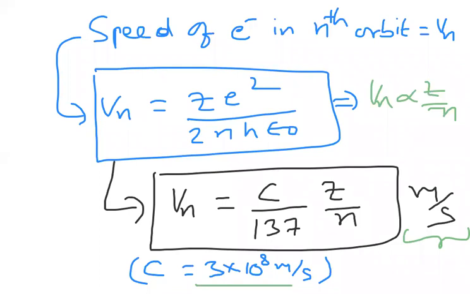By substituting the e value, h value and epsilon value and simplifying, we get this expression. Next, since we know the speed, our next target is kinetic energy. We know that kinetic energy is half mv square.